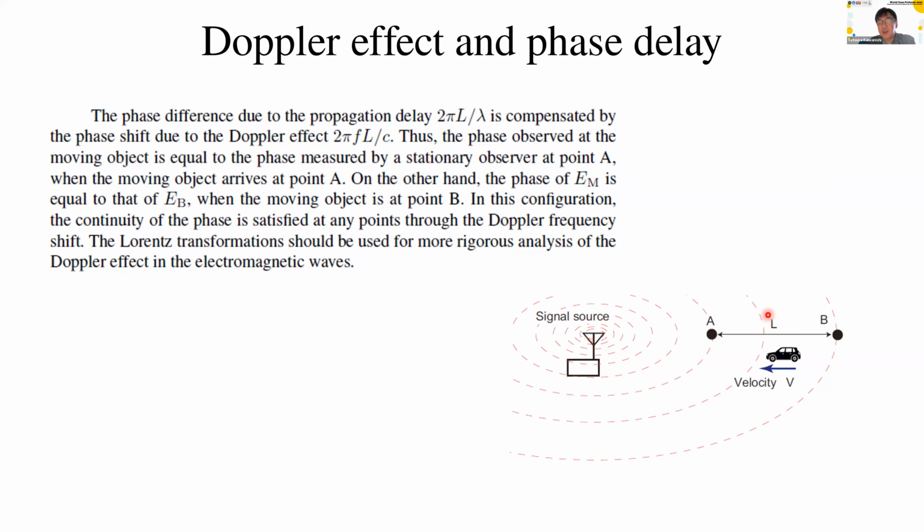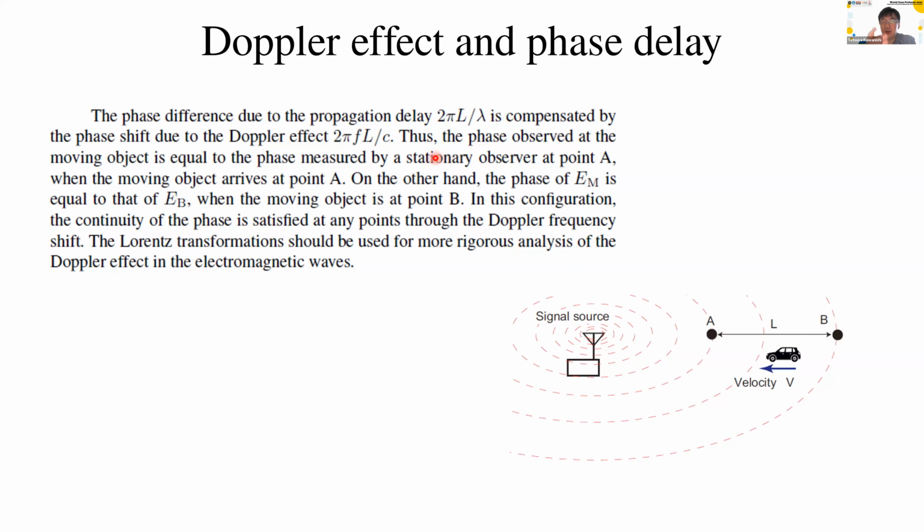So if there is no Doppler effect, we may have some phase gap from the point of view of the observer on the car or sitting here. So thanks to the Doppler effect, we can ensure the phase continuity, even if you are riding the car or sitting at a particular place.